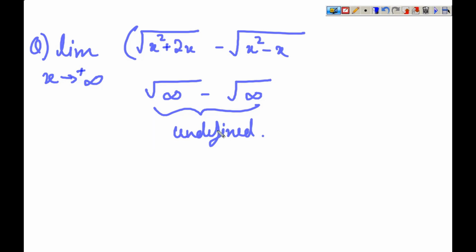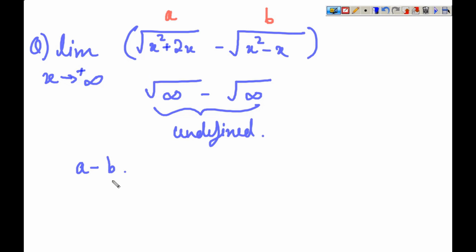So to simplify this, I can first begin with labeling them. I label this one as A and this one as B, right? So now we have A minus B. Our aim is to remove the infinity part from the expression.